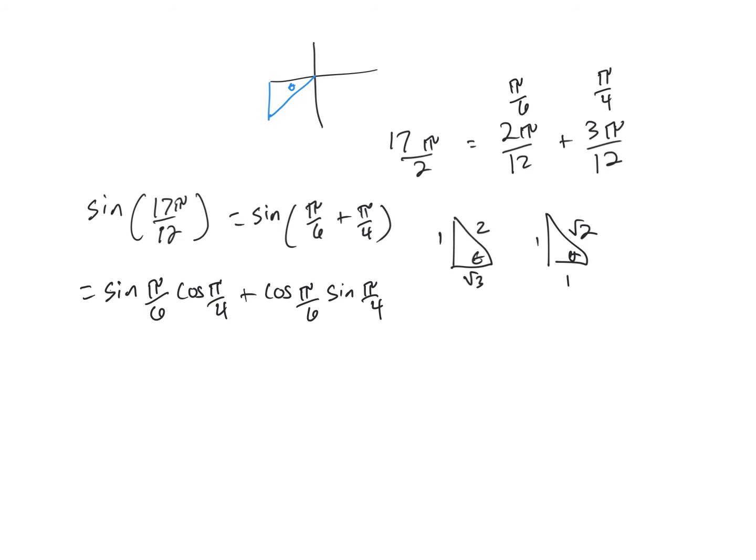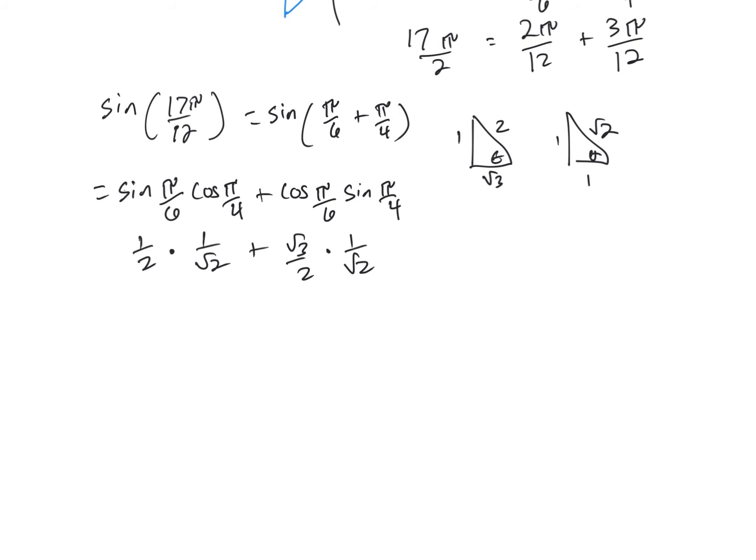Okay, so sine of pi over 6 is 1 over 2, cosine of pi over 4 is 1 over root 2, plus cosine of pi over 6 is root 3 over 2, times sine of pi over 4, which is 1 over root 2. This gives me 1 plus root 3 over 2 root 2.